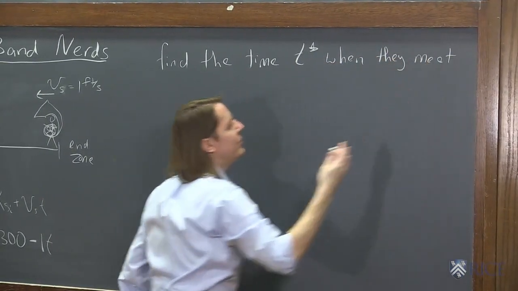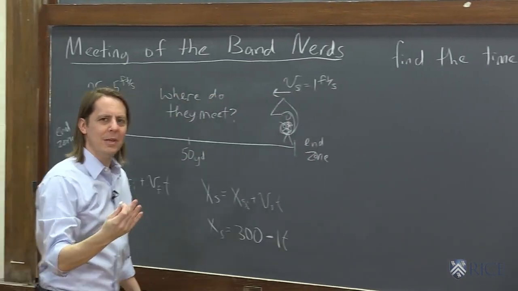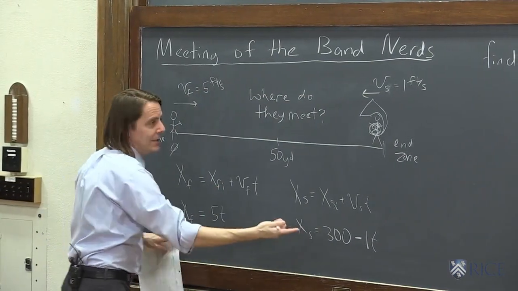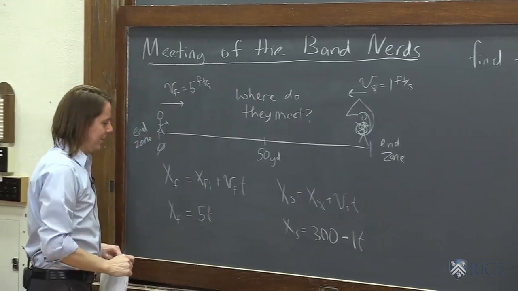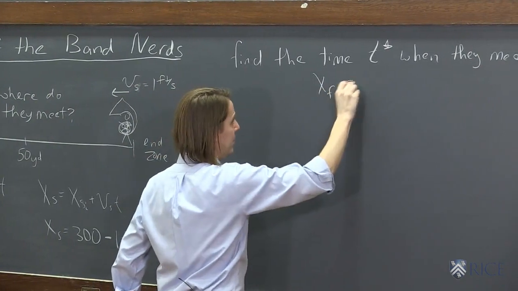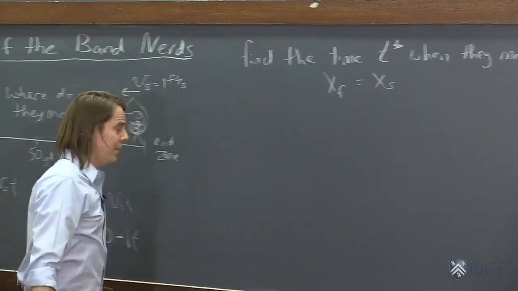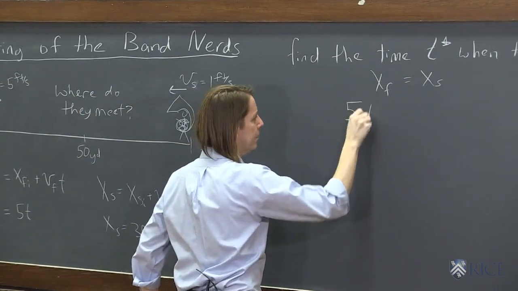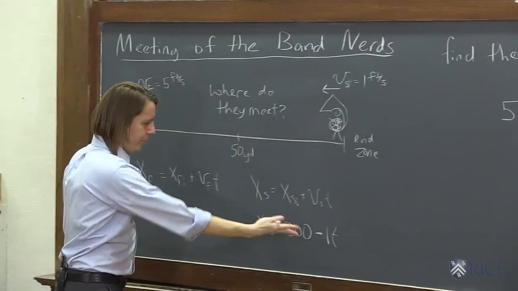And you got to figure out what is the mathematical requirement that they meet. It's that they're at the same position, all right? It's that x_f equals x_s. So when they meet, the fast person's position will equal the slow person's position. So we can say that's going to happen when 5t equals 300 minus t.